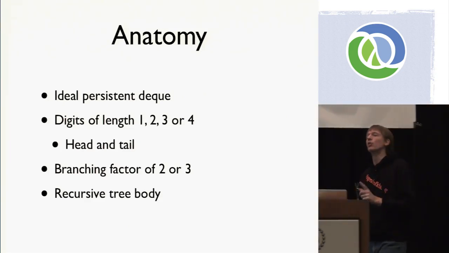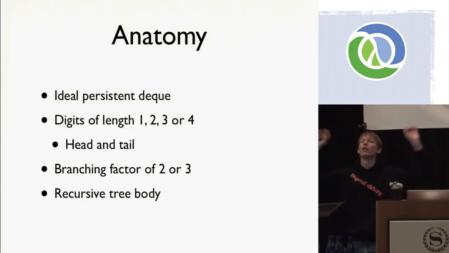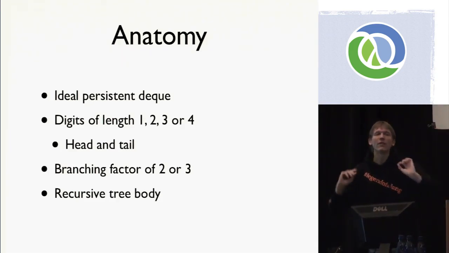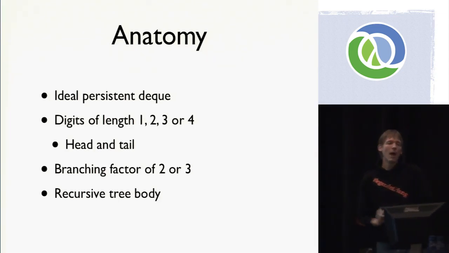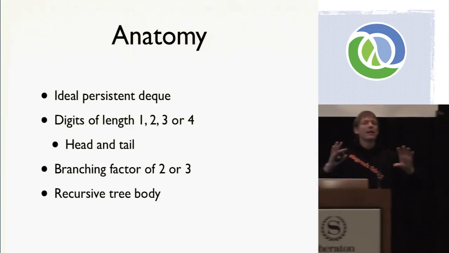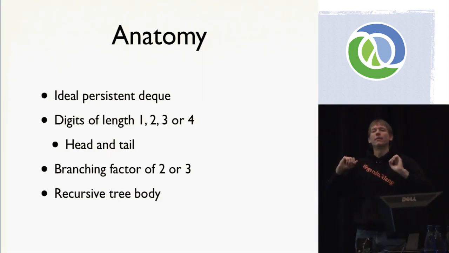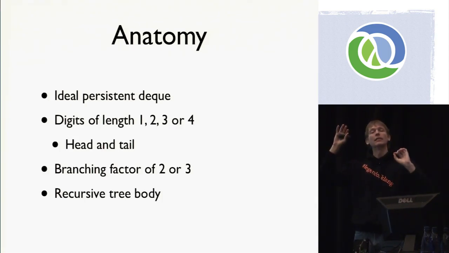And the trick we use is rather than just pulling up one element for the head and the tail, one element for the prefix and the suffix, we're going to pull up either 2 or 3 elements, and we'll give ourselves fudge factors to 4 and 1. We'll let it sort of slide around. But we're shooting for 2 or 3. And the argument kind of goes like this. If you want to remove the head, half of the time, you are going to have 3 elements at the head.